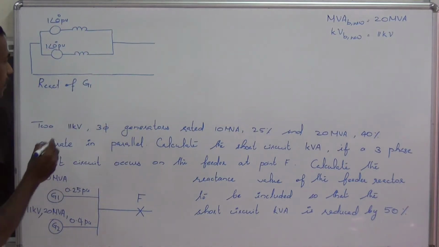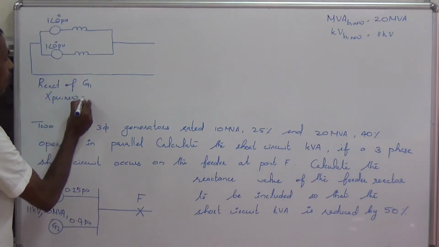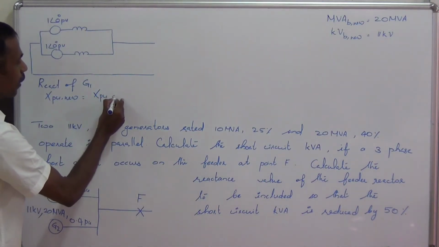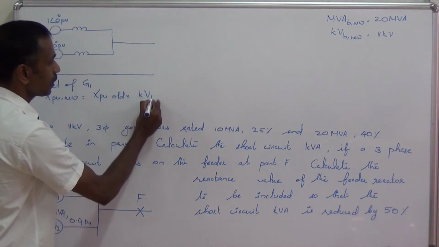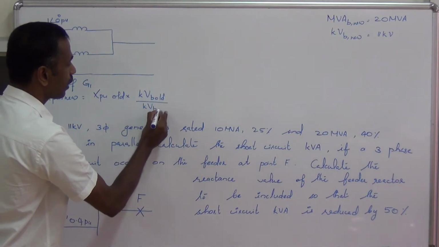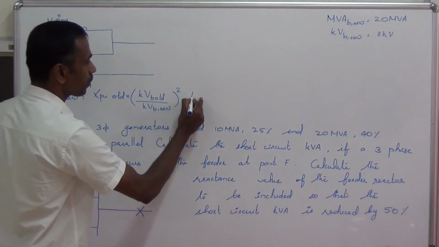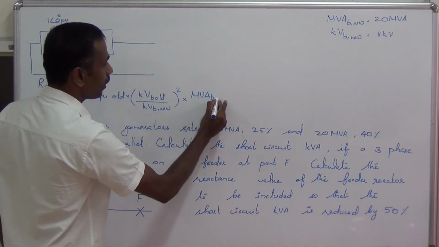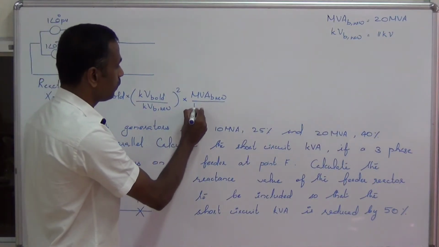Let us find the reactance of generator G1. This is the formula we are using. X per unit new equals X per unit old into (kVb old divided by kVb new) the whole square into MVAb new divided by MVAb old.